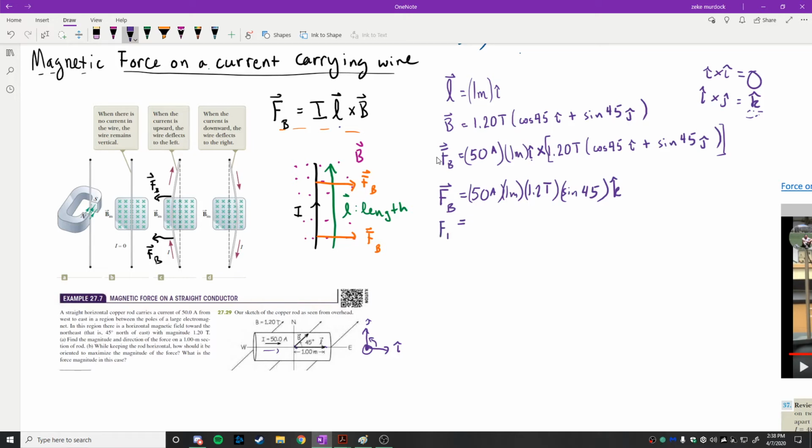So F sub B is going to be equal to, feels like this should be easy enough to do. Well, I don't know what sine 45 is, like 0.7. You guys can calculate it real quick if you want to, and tell me what the answer is. It's going to be something like 42, I think. Is that right?